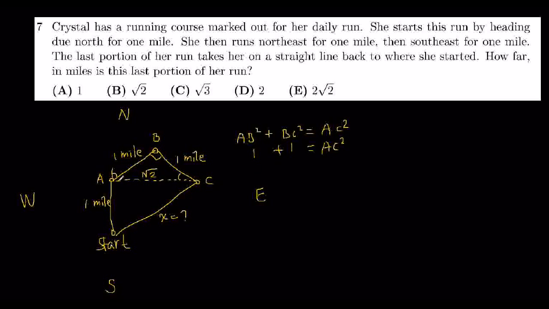And then we have another right triangle from start here to AC and back to start. So we have 1 squared plus square root 2 squared equal to x squared. From that we know x squared is 3 and x is square root 3. Answer is C.